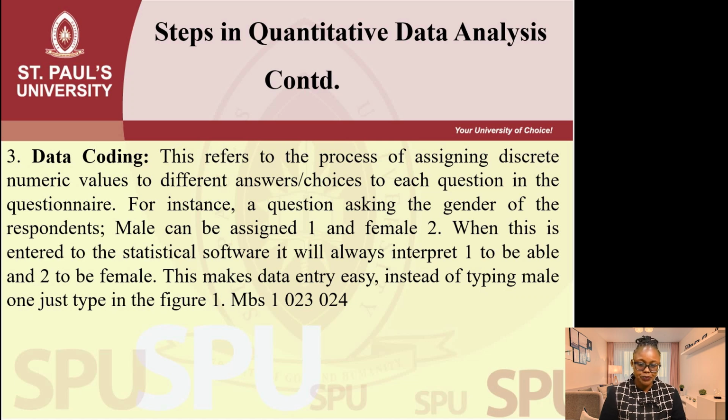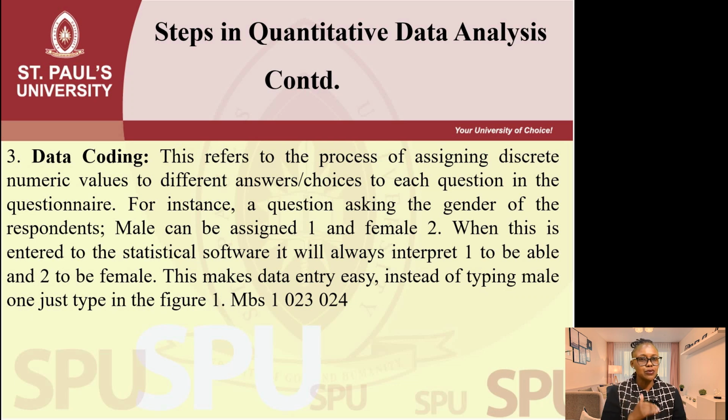Data coding. This refers to the process of assigning discrete numeric values to different answers or choices to each question in the questionnaire. So you have this questionnaire where people have filled the information. For example, you may have had a question about gender, where somebody is supposed to write whether they are a male or a female.